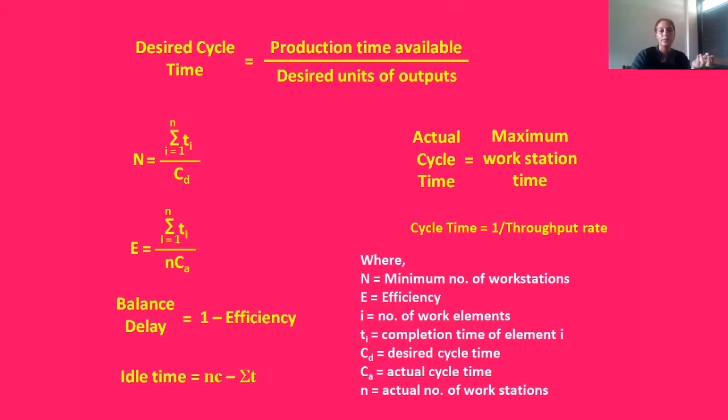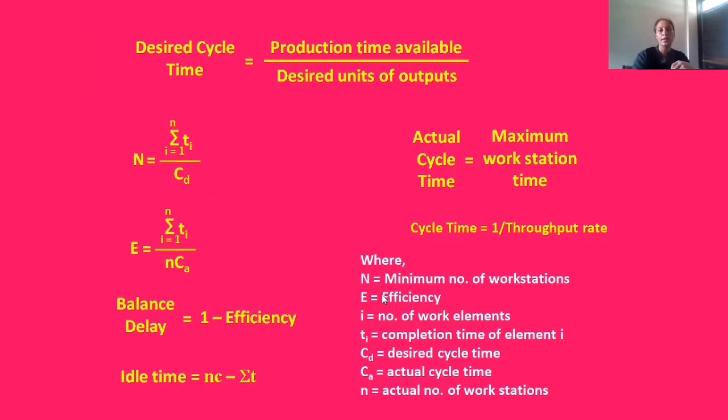Before that, we will see a few formulae which will be used for the line balancing process. Firstly, we need to calculate the desired cycle time. The formula is production time available divided by desired units of output.